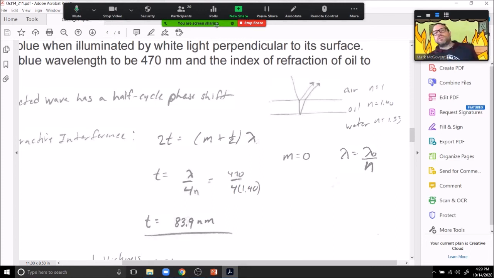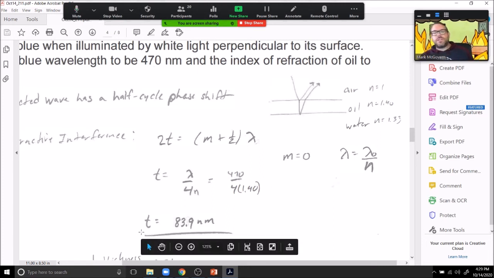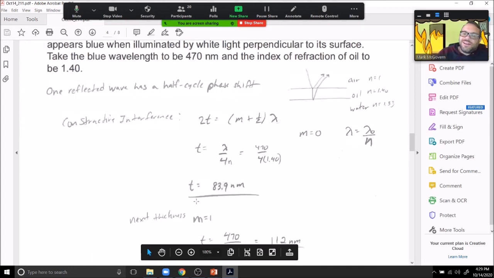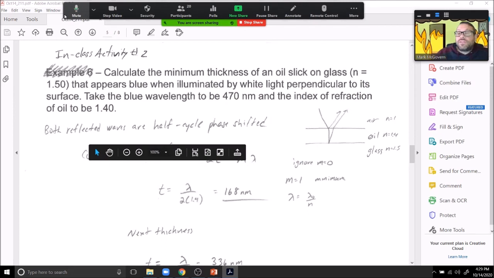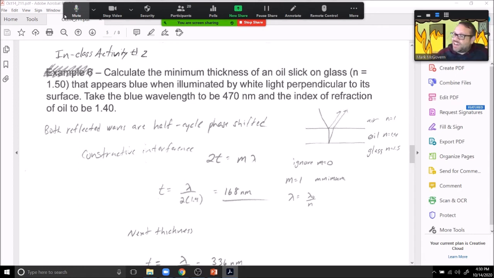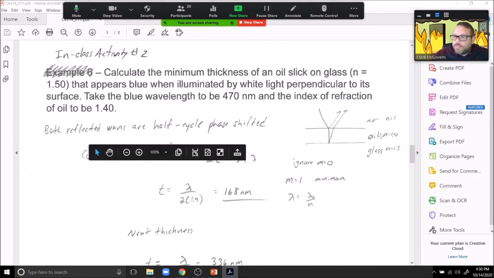All right, so we're going to do a similar problem, but the initial conditions are just a wee difference. This is the same problem, except the oil is on glass, not on water, which means on the air to oil boundary, we still have our phase shift.